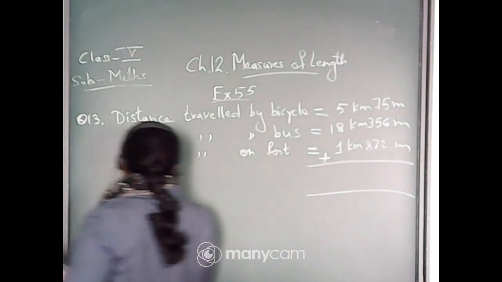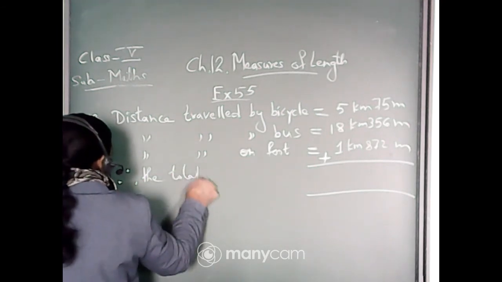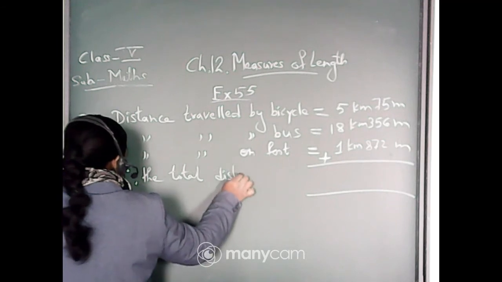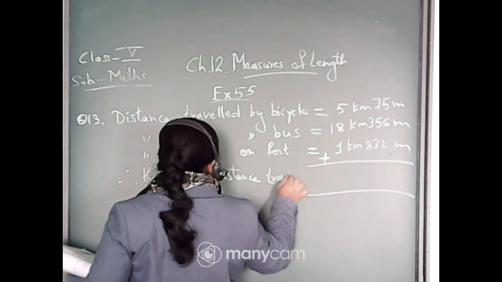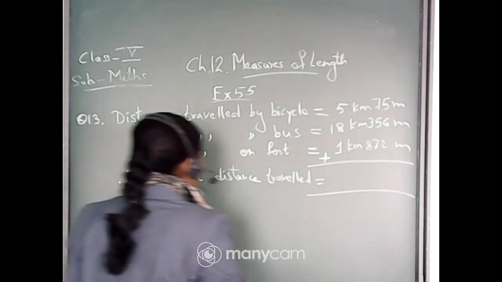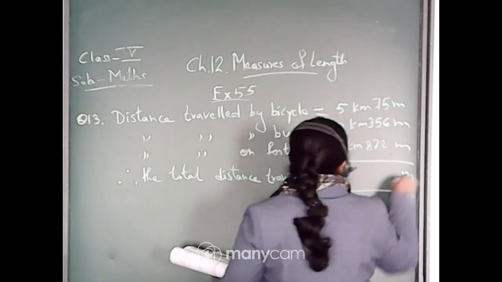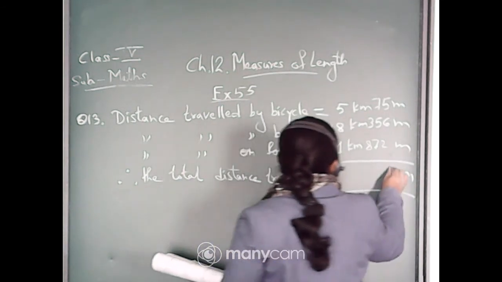Addition, you will write, therefore the total distance traveled. Now add this one, for meter. 7 and 6, 13.